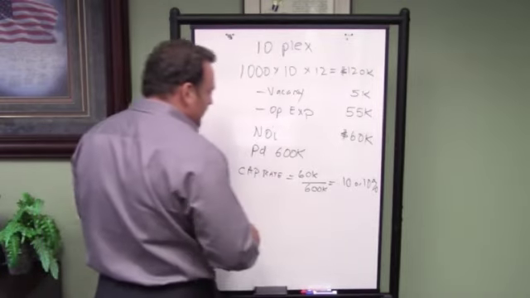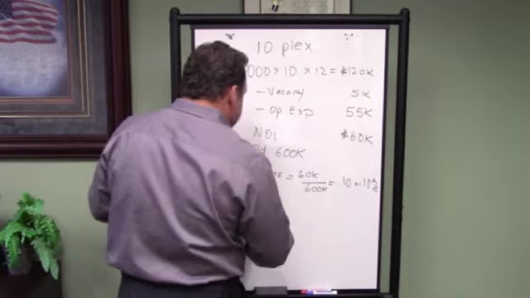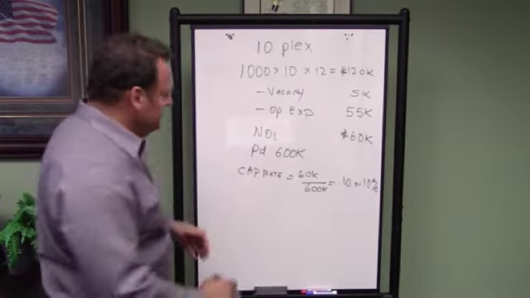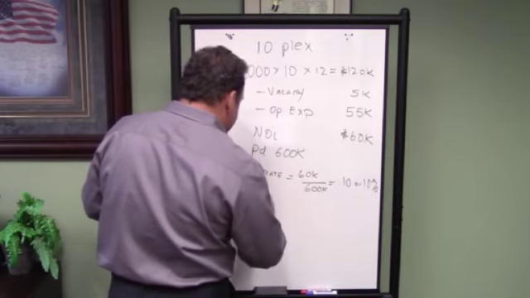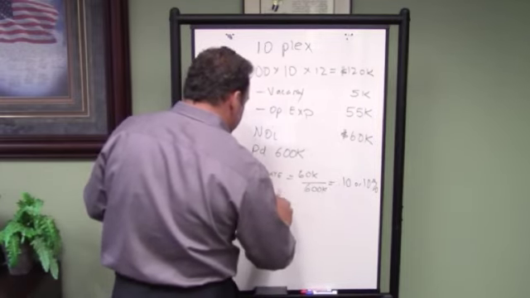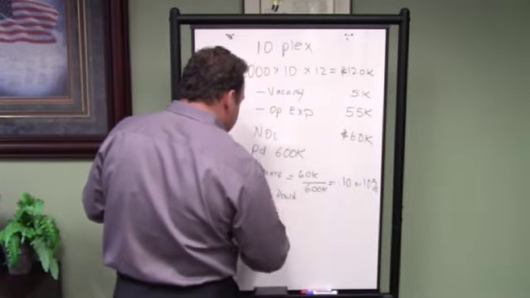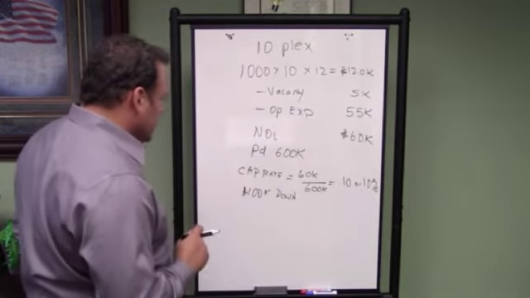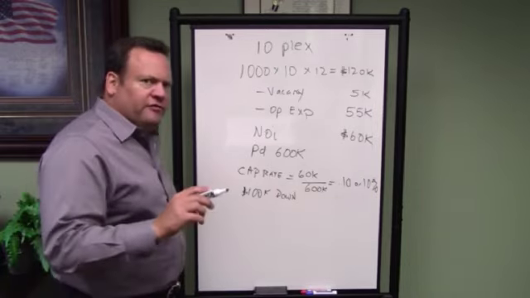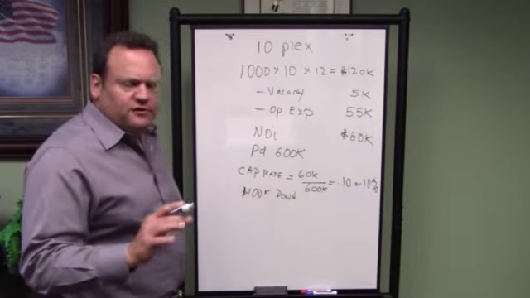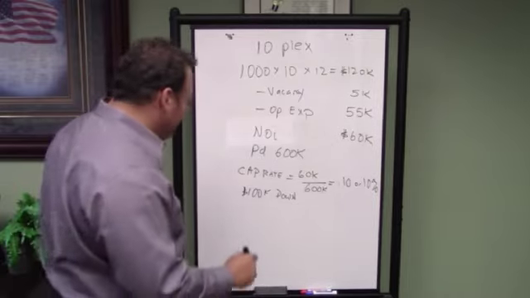Then we subtract. Let's say it's a seller carry. Let's make it simple, with $100,000 down, and let's see if we can figure out a simple payment. I'm going to do interest only, just so it's easy to calculate. And besides, I can do that in my head without a calculator.